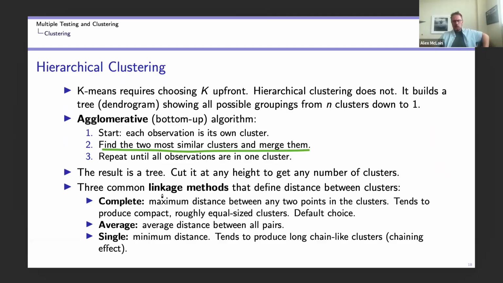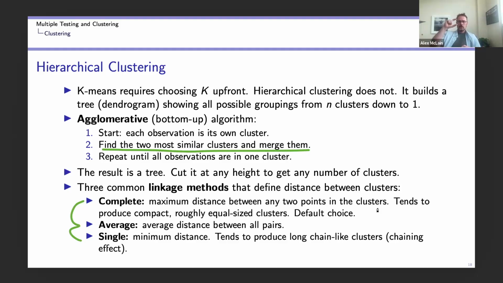Now, one question is, how do we tell how similar a cluster is to a data point? Or how do we tell how similar a cluster of 2 is to another cluster of 2? There are 3 different methods to do those calculations. The complete, which is the default, looks at the maximum distance between any 2 points in the cluster.